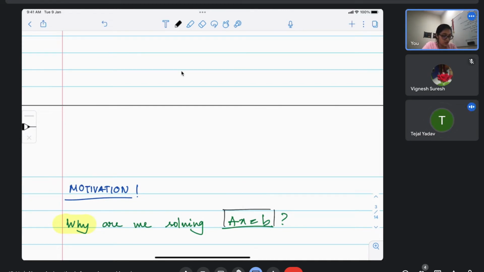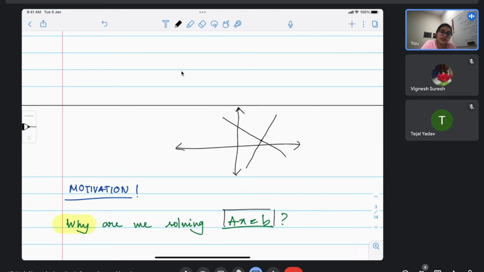We will take a broader picture, first with the point that Vignesh pointed out: to find unique solutions. Imagine this is your coordinate system, x and y axis, and you have two lines drawn in such a way that they intersect at a point.